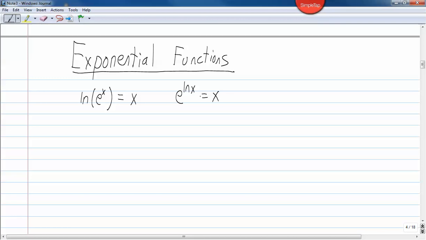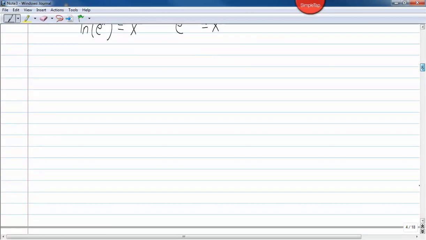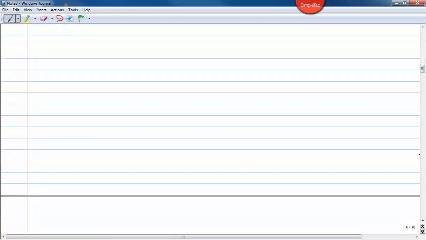So that means that e to the x and natural log of x are inverse functions. What does that mean? That just means that the domain of one is equal to the range of the other, and the range of one is equal to the domain of the other.